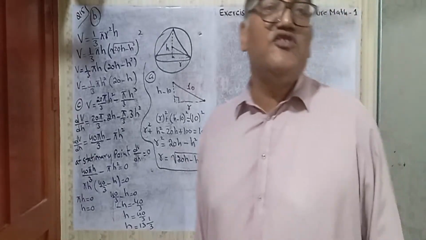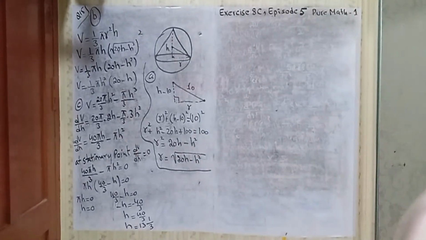The h cannot be 0, because h is the height of that cone, so its value cannot be 0. So just neglect that 0 value. The 13 whole 1 by 3 value is good, and we will work with that. We cannot take h equals 0 because h represents the height of the cone, and the height of the cone is not 0.